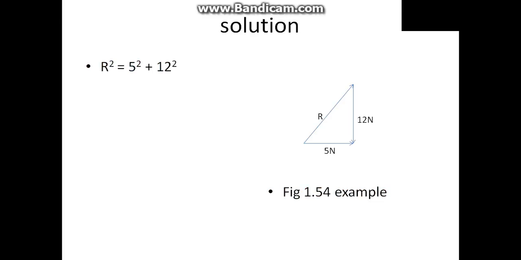Solution. In figure 1.54, the forces form a right angle triangle. According to the law of Pythagoras, the square of the hypotenuse is equal to the sum of the squares of the other two sides. Therefore, the hypotenuse R squared is equal to 5 squared plus 12 squared.